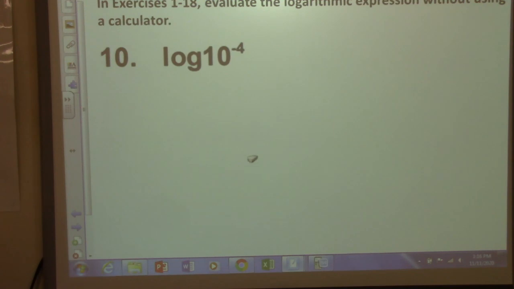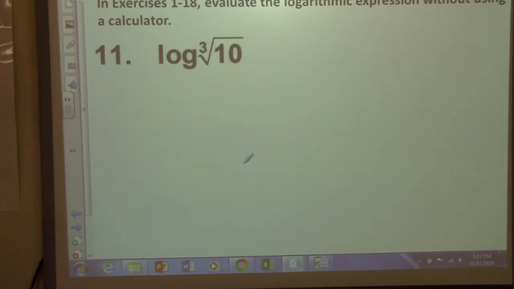And this one is going to be x equals -4. Yep. Okay, same thing. If we have 10 to the power of x equals 10 to the power of -4, so that's all there is to that one.